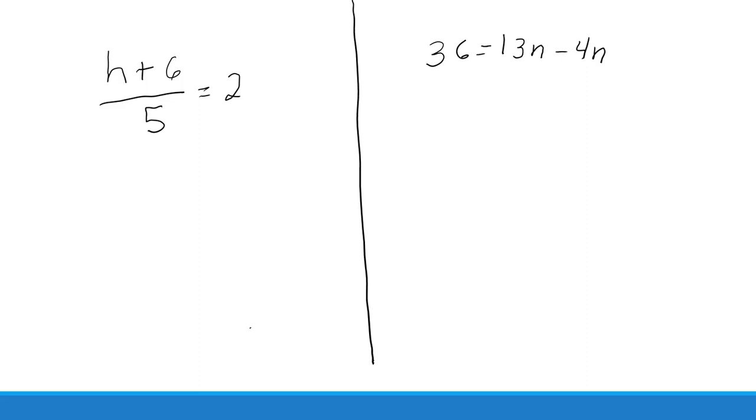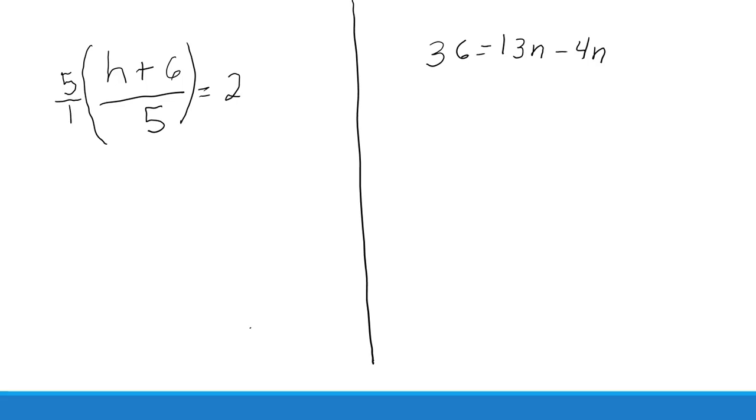Try another problem. Here we have h plus 6 divided by 5 equals 2. The first thing I want to do is get rid of the 5. So since I'm dividing by 5, I'm going to multiply both sides by 5.